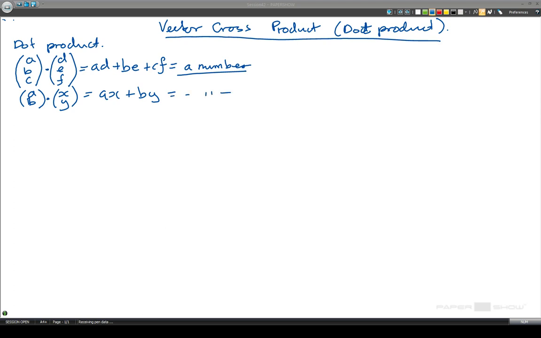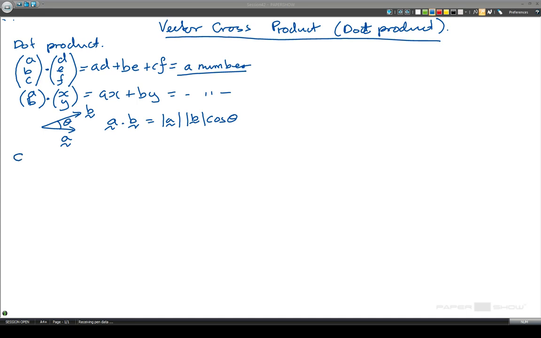And what it means is if you have two vectors, let's call them vector A and vector B, then A dot B is equal to the length of A multiplied by the length of B multiplied by cosine of the angle between them, cosine of theta. And that works no matter how many dimensions you have for your vectors A and B.